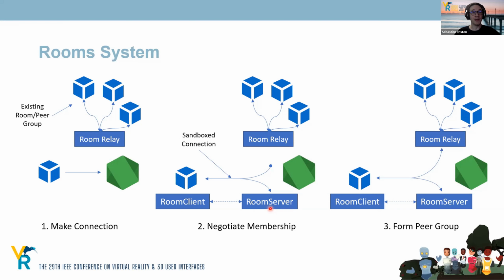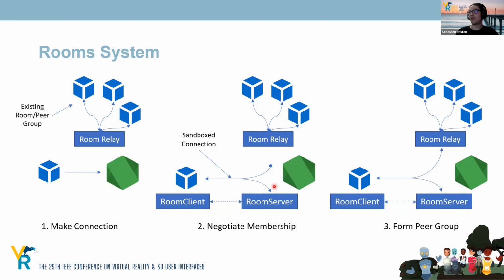Everything for the rooms and the server is running on top of what's effectively a peer group that has just been created by that initial connection. The room client can negotiate with the room server running in this, if you like, sandboxed peer group.